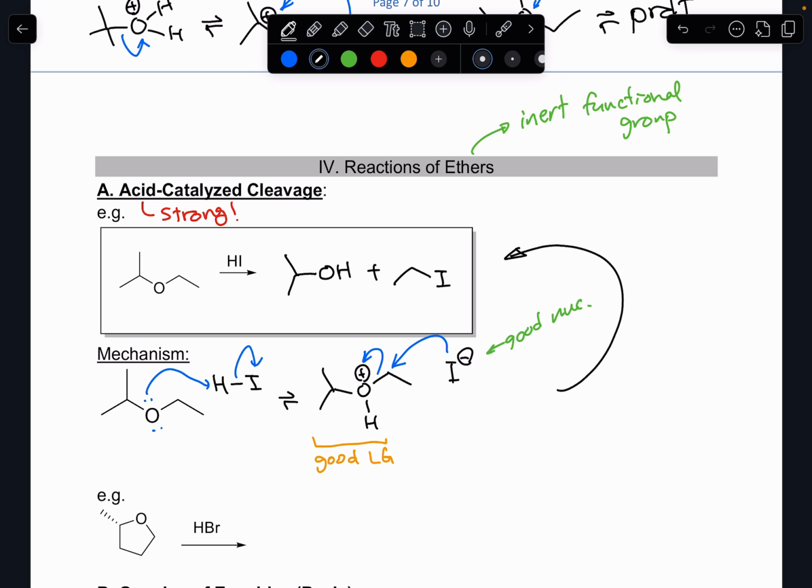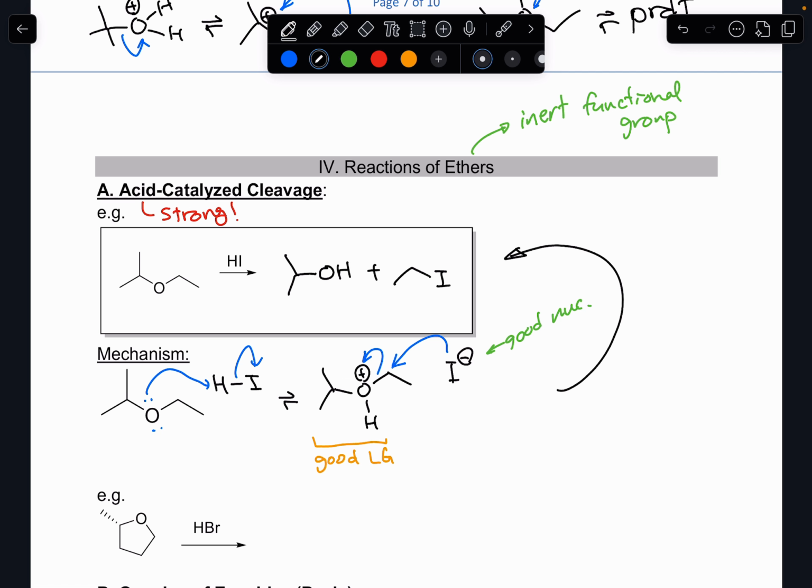Now, there is a regiochemical concern here, and that word just has to do with which part of the molecule reacts. The iodide technically could have attacked this carbon to kick off ethanol, or this carbon to kick off isopropanol. Can you guess why the regiochemical preference?